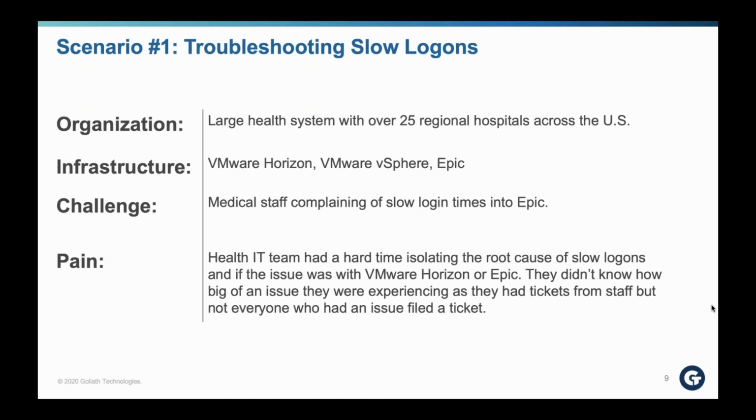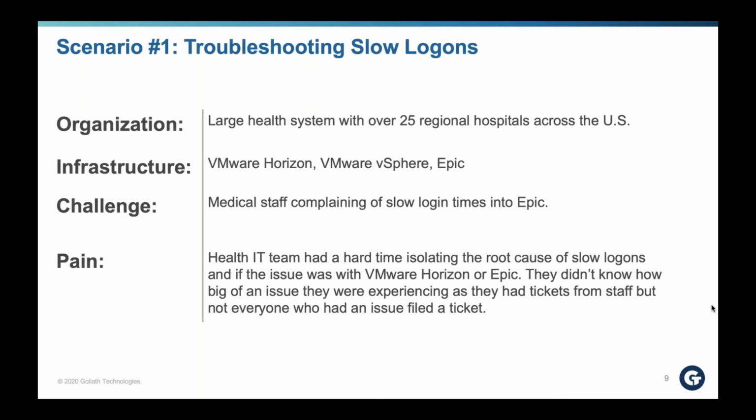And this, obviously, in a healthcare environment, was really troublesome. Number one, because patients were being impacted. Patient care was being impacted. And IT didn't have any visibility into all of those components that actually impact the logon process.